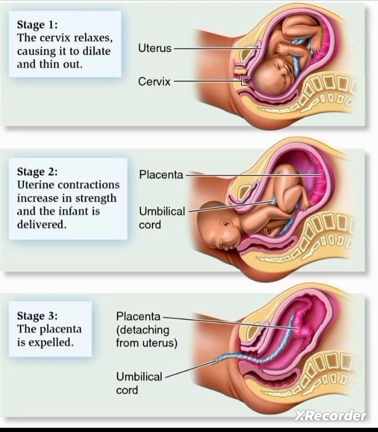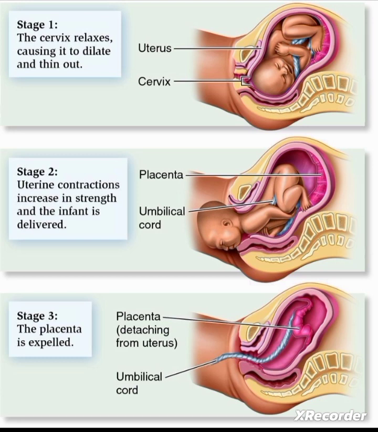Its average duration is 2 hours in primigravida, 30 minutes in multipara. So in the second stage, uterine contractions increase in strength and the infant is delivered. So that is the second stage.